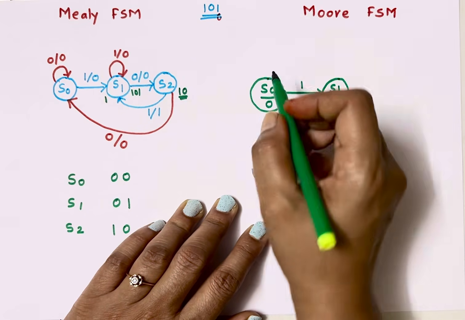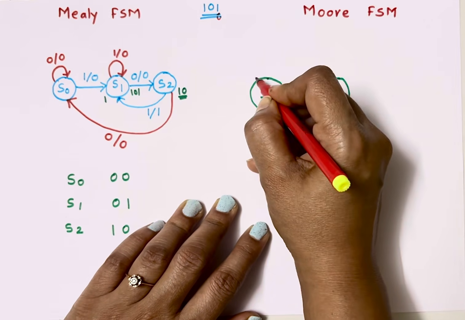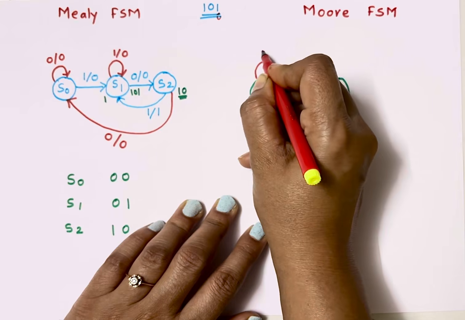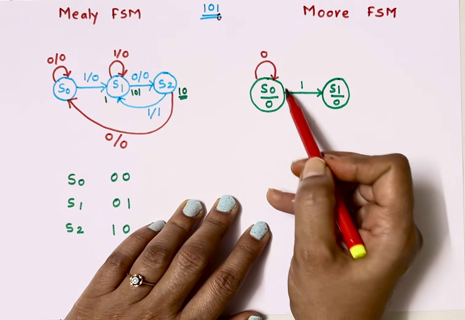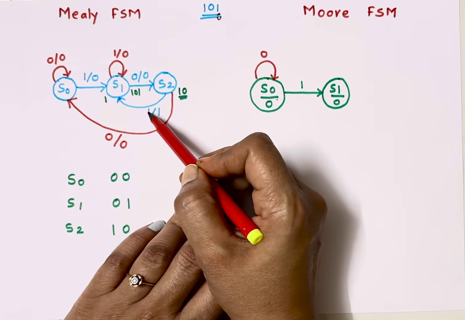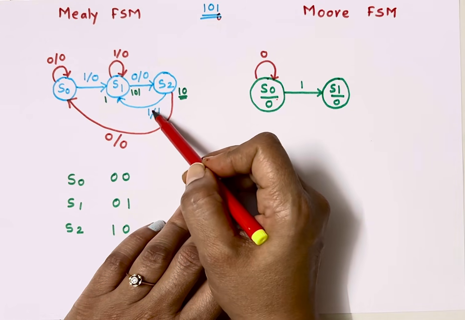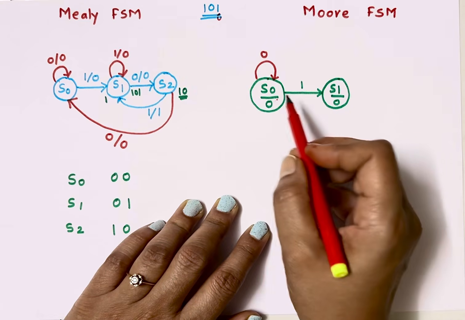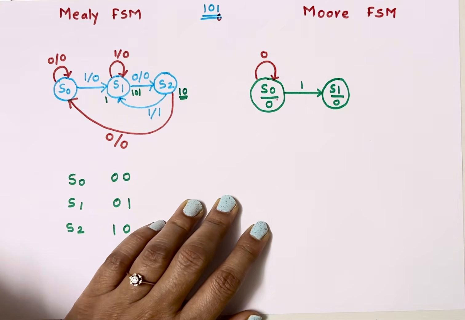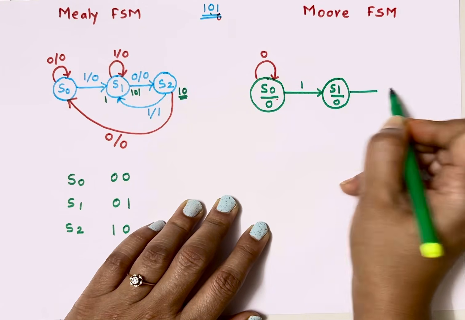What if 0 comes? If 0 comes, it will remain in the same state. See, in a Moore FSM, we write the output inside this circle, whereas here we write the output after every input. So here, the left-hand side of this slash is the input and the right-hand side is the output. At S1, if 0 comes, 0 is my correct bit, so it will go to the next state.